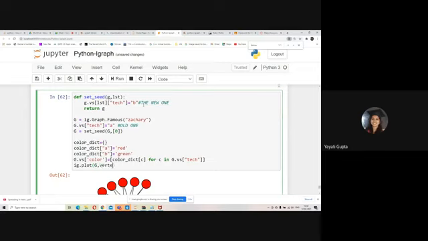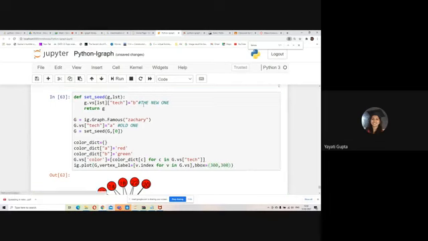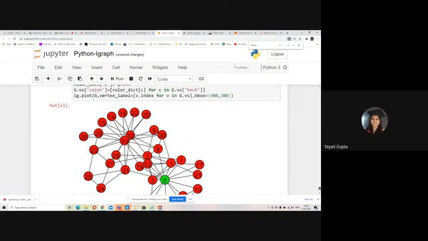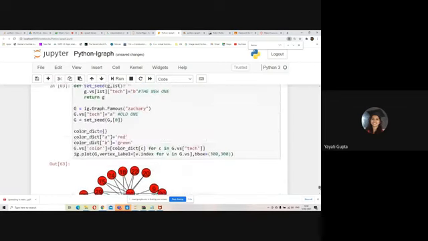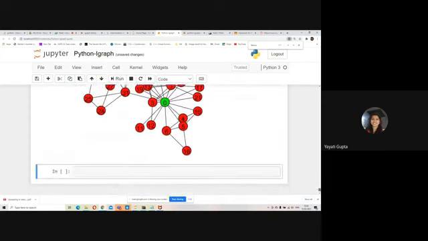Colors will automatically come. I want my vertex labels to be printed. You see this graph here, and you can see that node 0 now appears in green. It is the first vertex which has adopted this technology B.